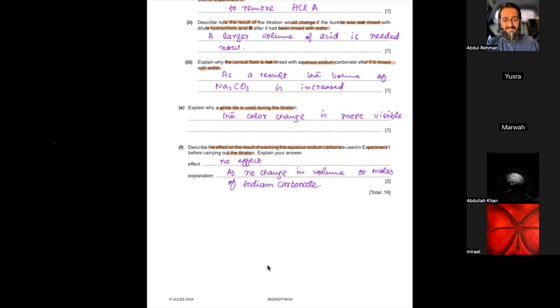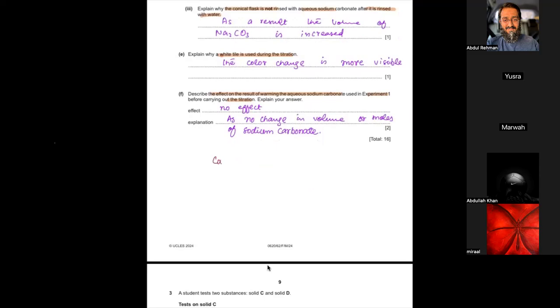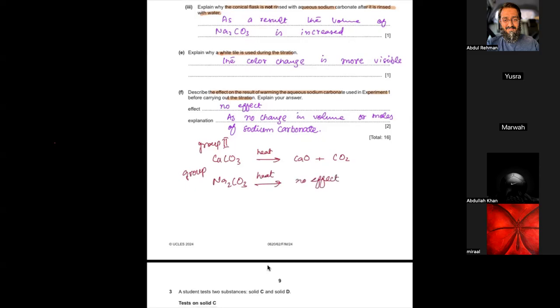So why will there be no effect? Let me show you. If you heat calcium carbonate, what happens? It decomposes to give you this, right? It's a group 2 carbonate. But sodium carbonate is from group 1, right? So if I am going to heat it, there is no effect, because there are strong bonds.